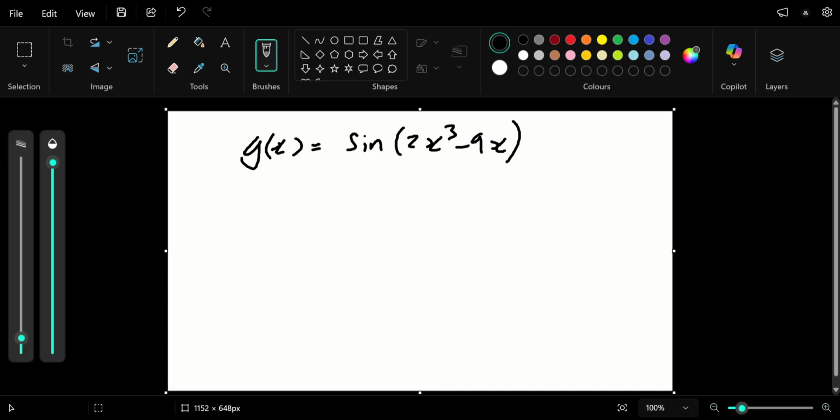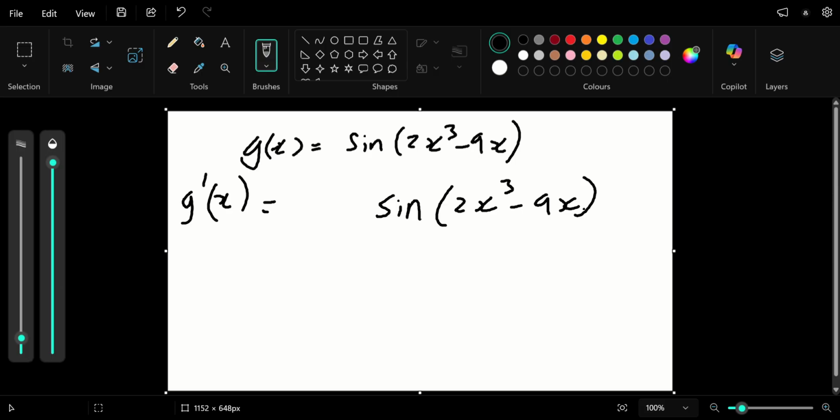To find the first derivative, you need to recall that first we can keep the function as it is, but we know that sine differentiates into cos. And we need to remember that the inside bracket also needs to be differentiated and multiplied.